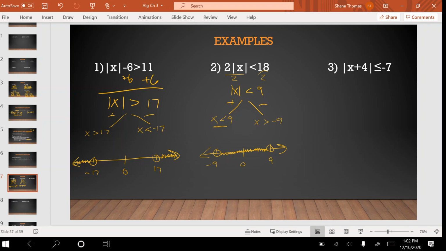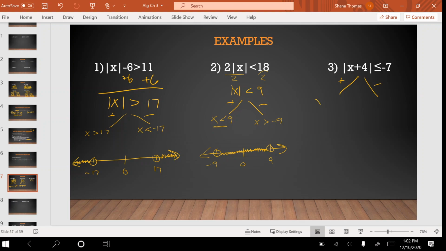So absolute value of x plus 4 is less than or equal to negative 7. Can I split this thing? Yes. If that was an equal sign right now, I was done, right? If it's an equal sign, I'd say no solution because that's equal to a negative over here. But since it's an inequality, I can roll with it. Split it.